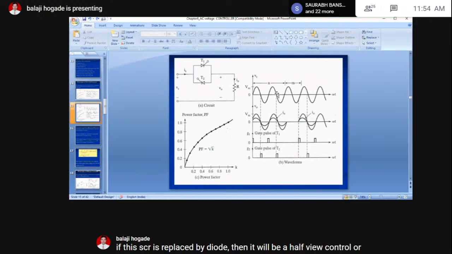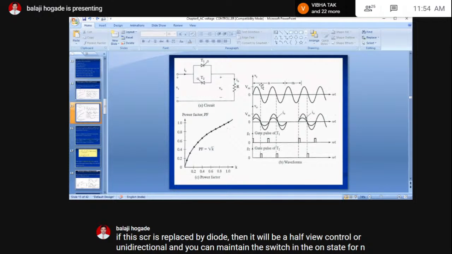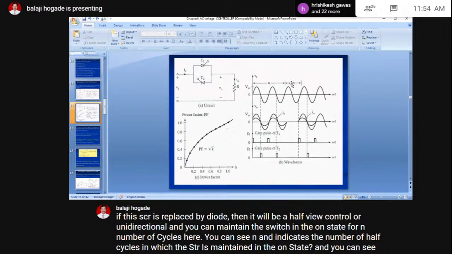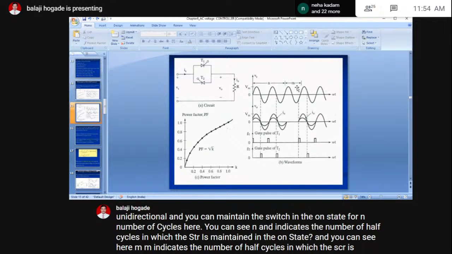and you can maintain the switch in the on state for n number of cycles. Here you can see n. N indicates the number of half cycles in which the SCR is maintained in the on state, and you can see here M indicates the number of half cycles in which the SCR is maintained in the off state.